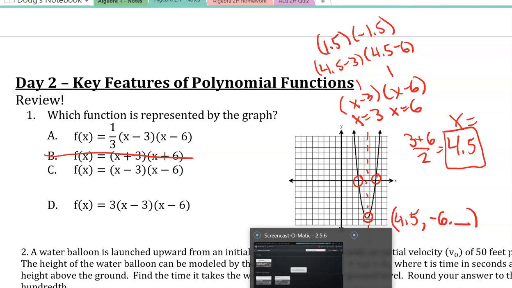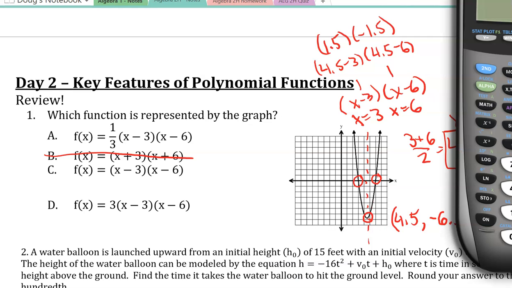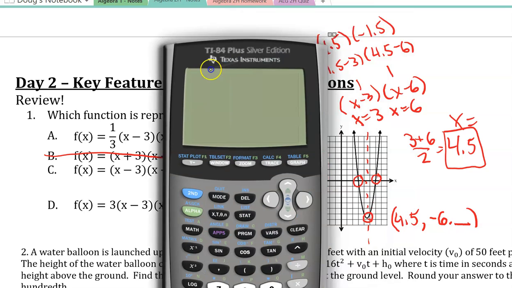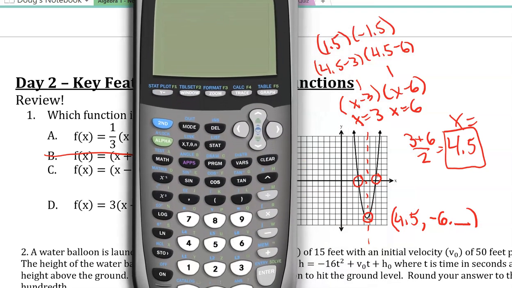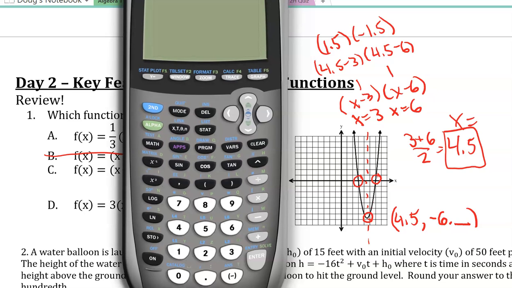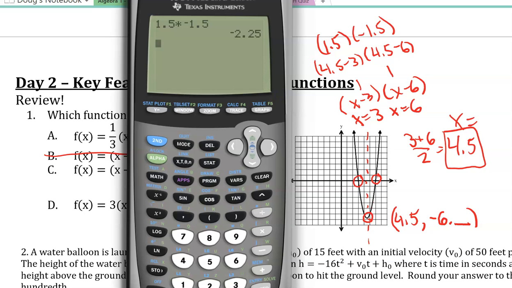Quick calculator work. 1.5 times negative 1.5 equals negative 2.25. Well, let's see. I need negative 6 point something.